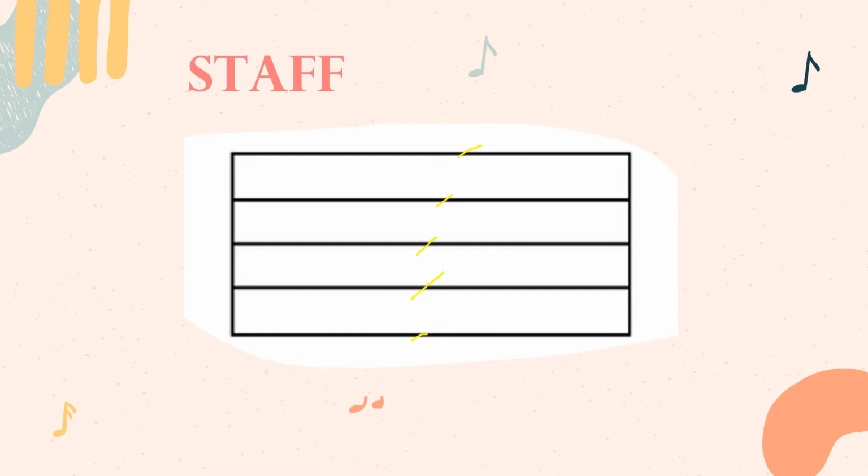We have 5 lines and we have 4 spaces. Once again, let us count. 1, 2, 3, 4. So a staff is comprised of 5 lines and 4 spaces.